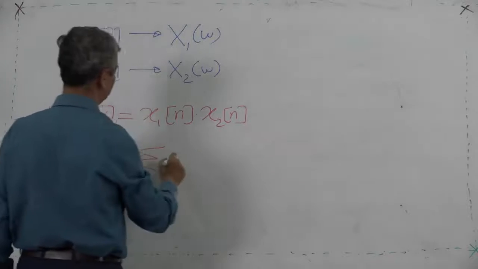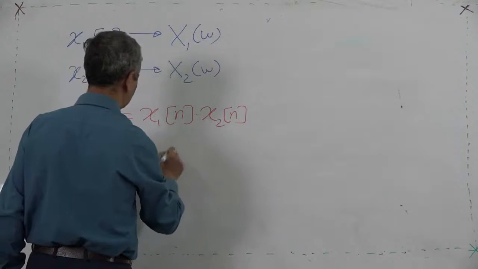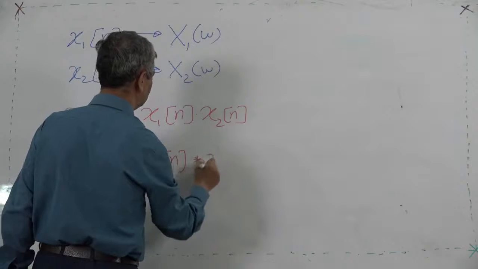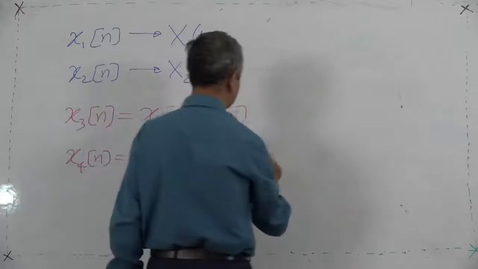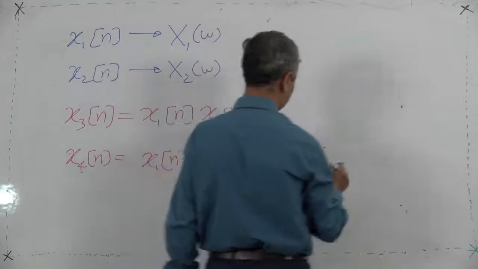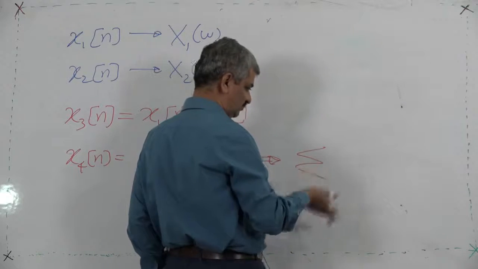What is convolution? Which we have discussed many times. The formula is summation, we have to change one index.